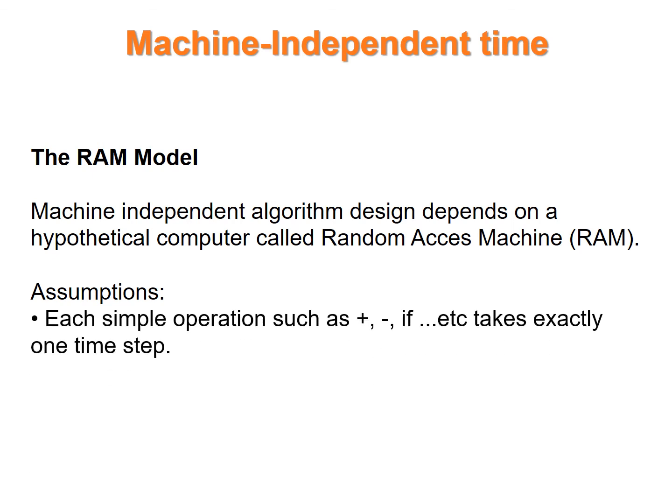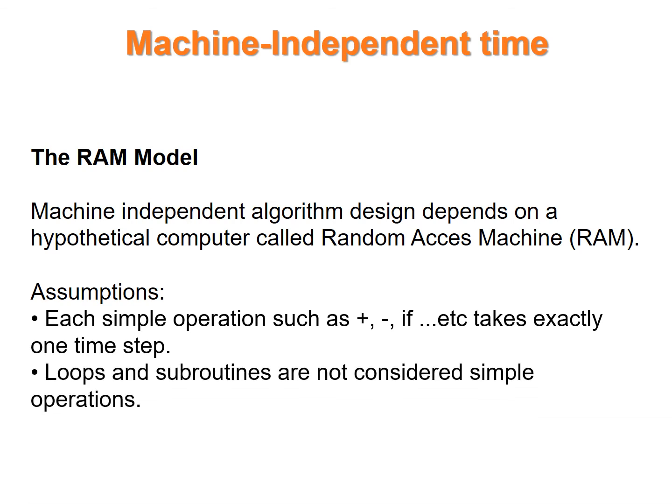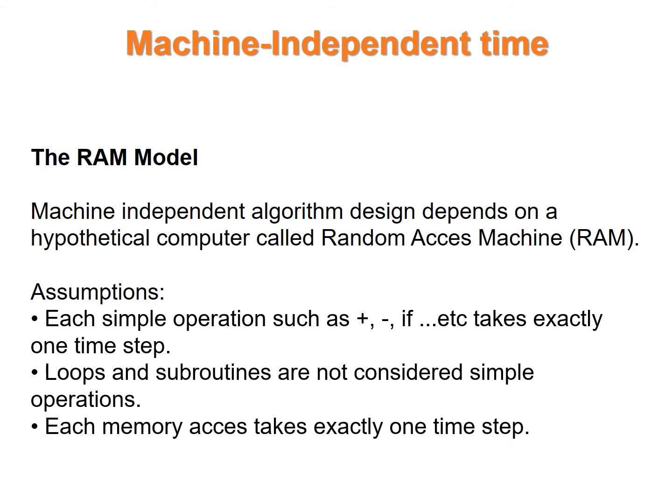Assumptions: each simple operation, such as addition or subtraction, takes exactly one time step. Loops and subroutines are not considered simple operations. Each memory access takes exactly one time step.